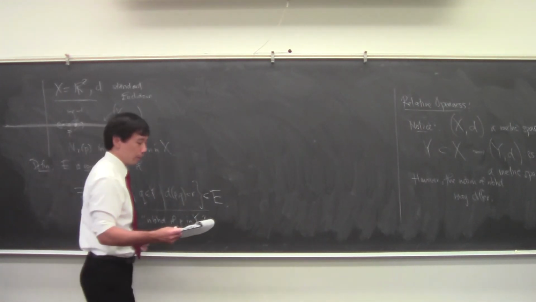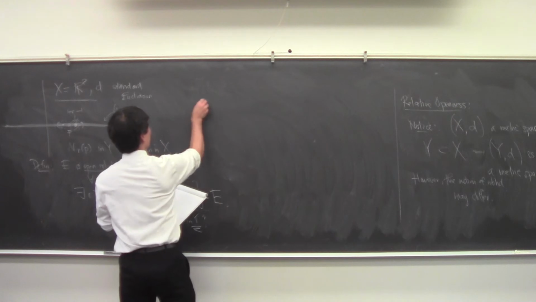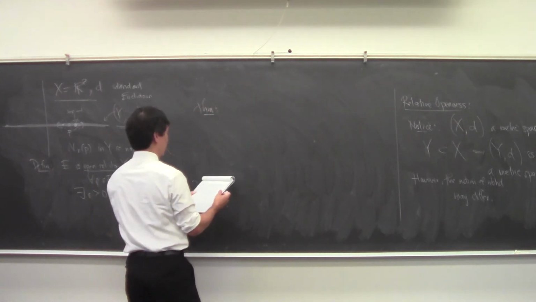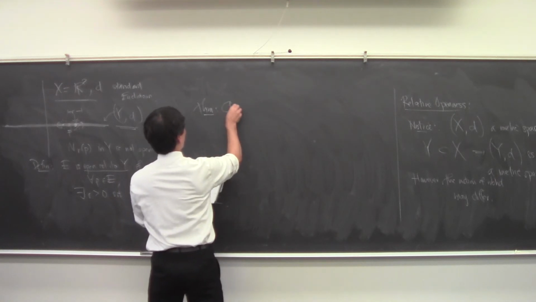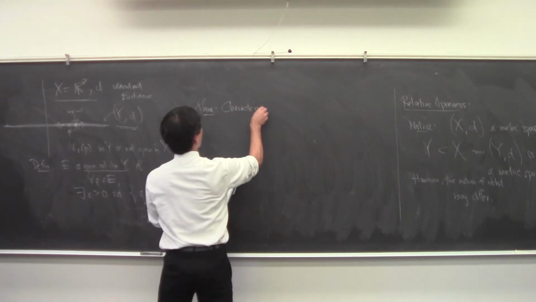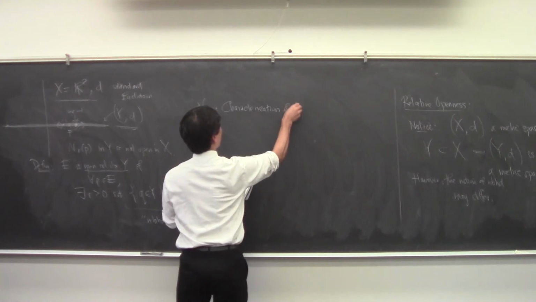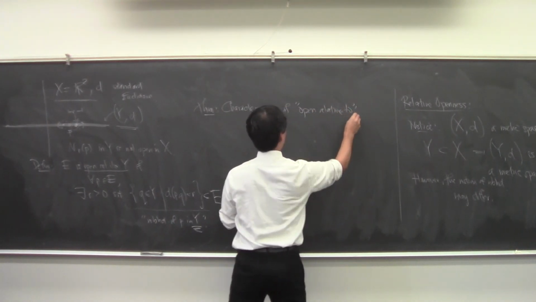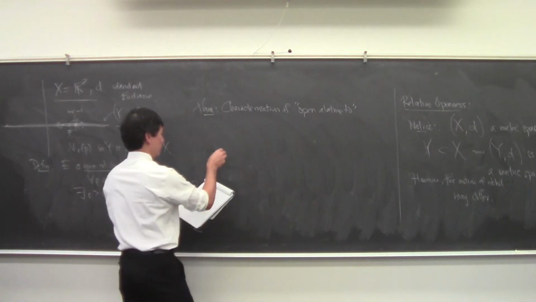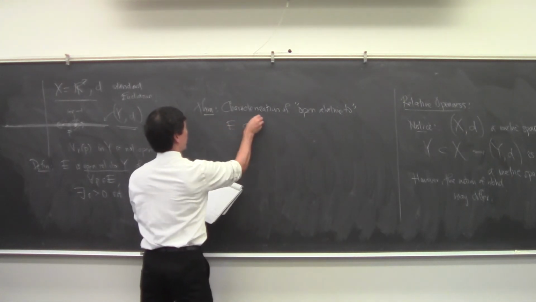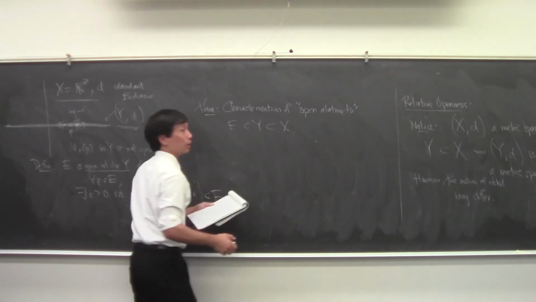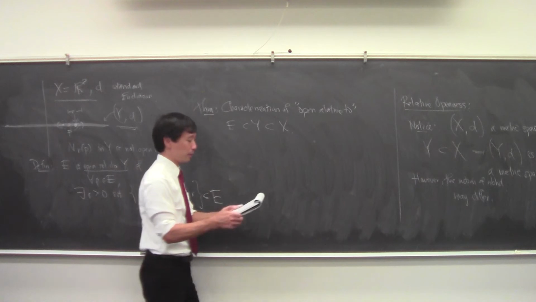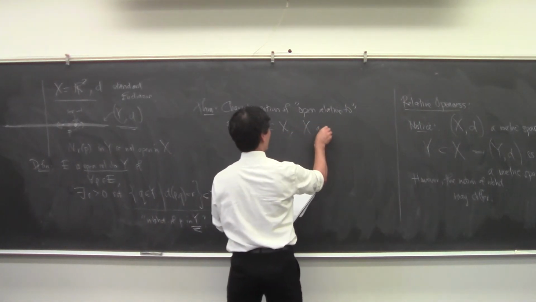So let me, for now, state a theorem that I'm going to use. It's a characterization of open relative. You have some E contained in Y, contained in X, and X is a metric space.